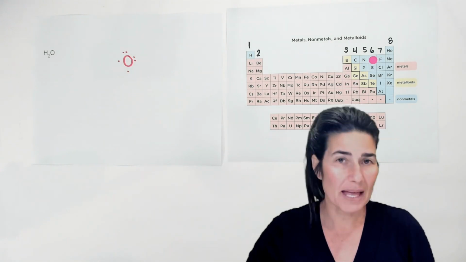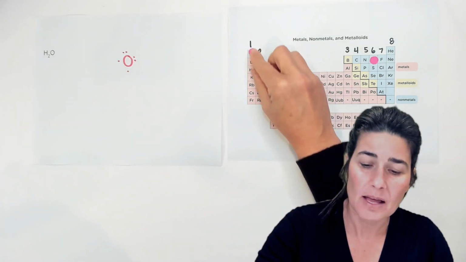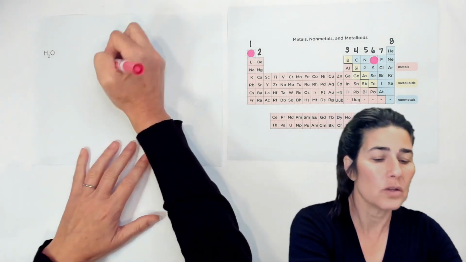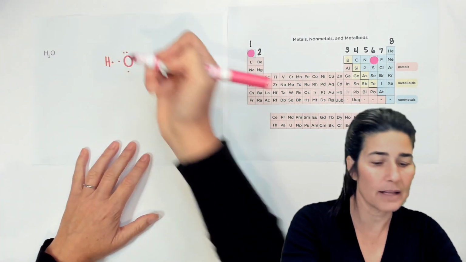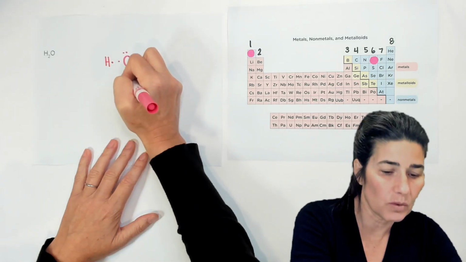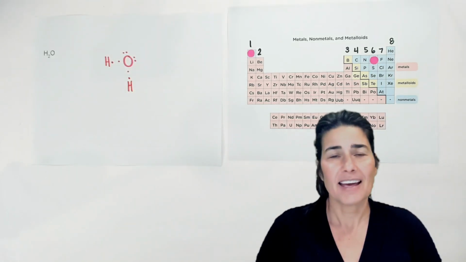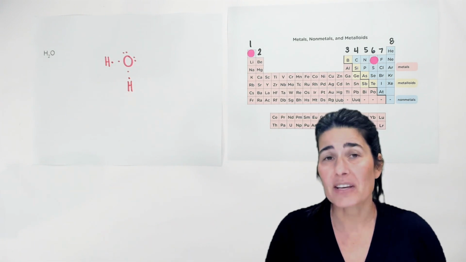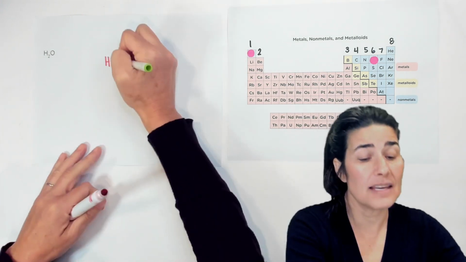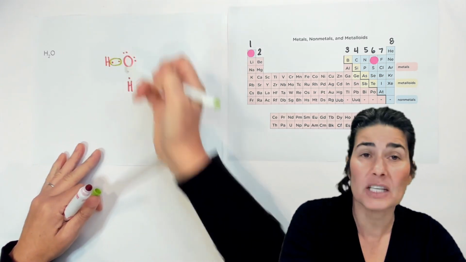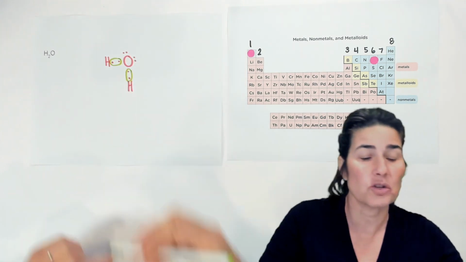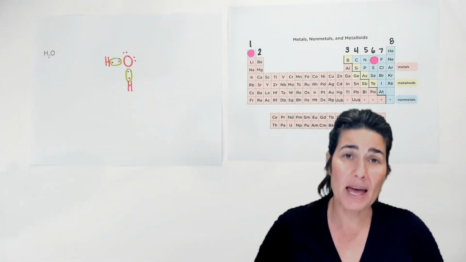Then we're going to bond that to hydrogen. Hydrogen has 1 valence electron each. So hydrogen gets 1 valence electron, and I have another hydrogen with 1 valence electron. And I start looking for pairs that I can share. So I see that these 2 can double up and be shared, and this oxygen can share its valence electron with hydrogen on the bottom.